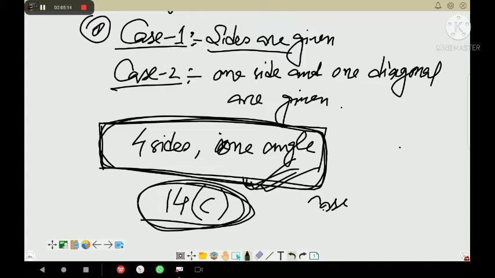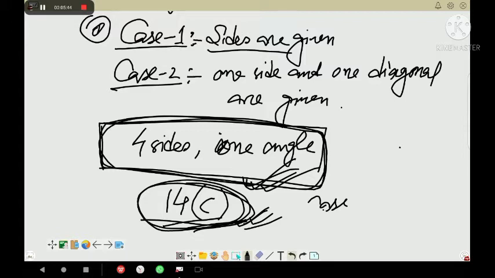I have given the explanation video of 14C in the description box, so you can see it from there, but I think there is no need, because we have already done 14C, so you know how to draw a quadrilateral when four sides and one angle are given. Now coming to the next case, that means case 2.